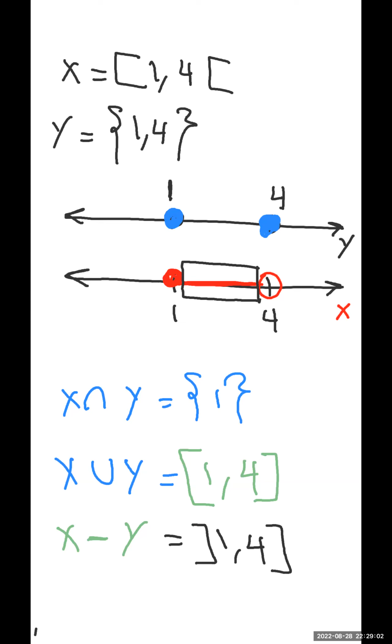Correct? 4 is closed or open? Open. Very good. 1 is open because it's already here. 4 is also open for 2 reasons. It's not here, and if it was here, it would also be in Y, so it's not difference anyway. Right? Right. Okay. Y difference X.